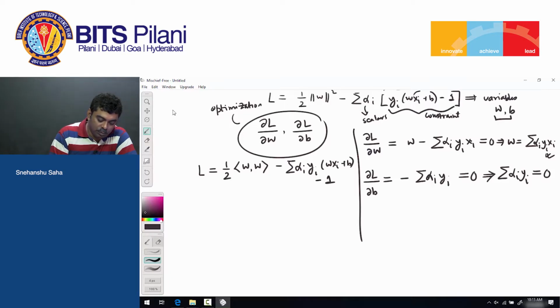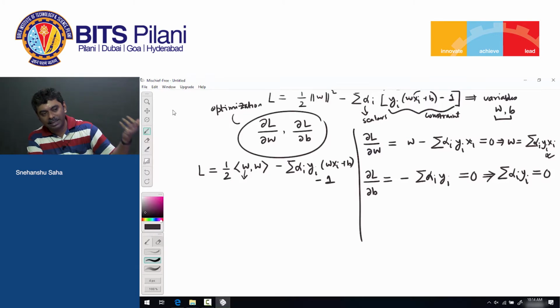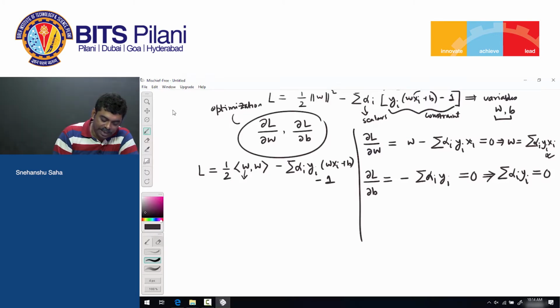So we write w as this here, and then repeat that. But the only thing you should consider is that the indices will change, because if the indices didn't change, you would be taking the inner product of the same training example with itself. So that's exactly what we do. We write w, which is summation alpha i yi xi, and summation alpha j yj xj.